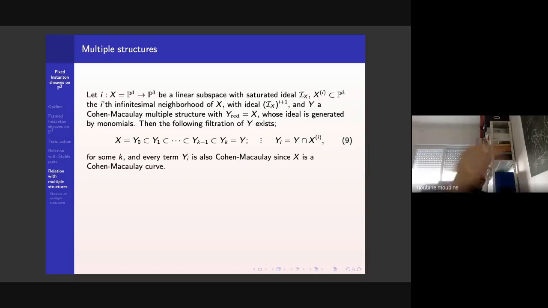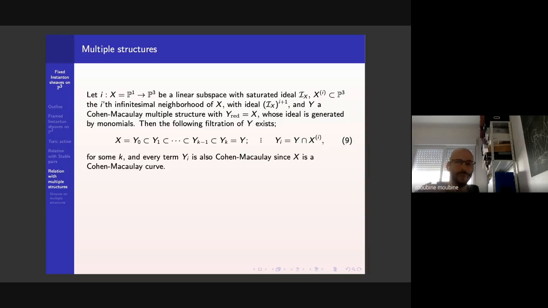Okay, so multiple structures were studied by many authors. Banica and Forster were the first to study this systematically, and also Wätjen, studying monomial multiple structures, and many different features of sheaves on multiple structures were also studied by Drézet, especially in this paper, Faisceaux cohérents sur les courbes multiples.